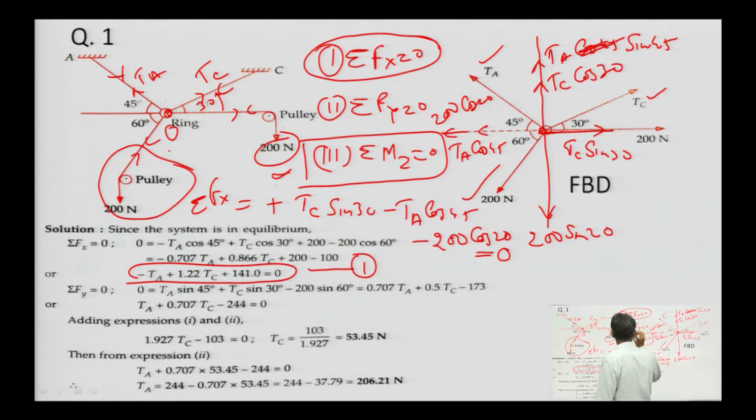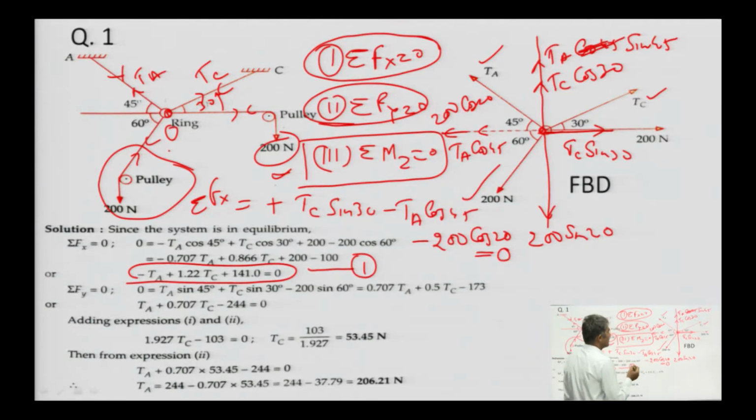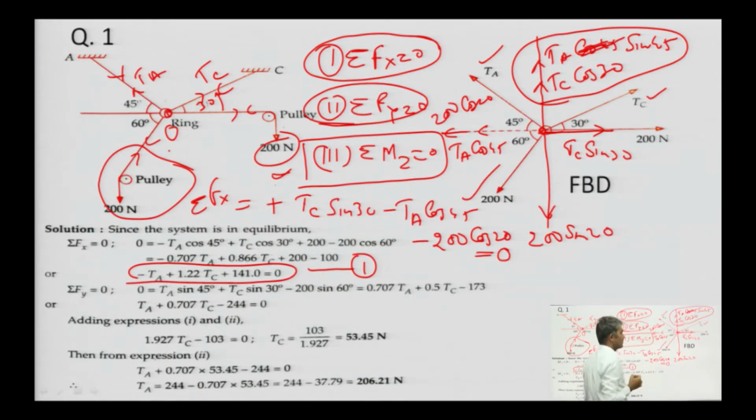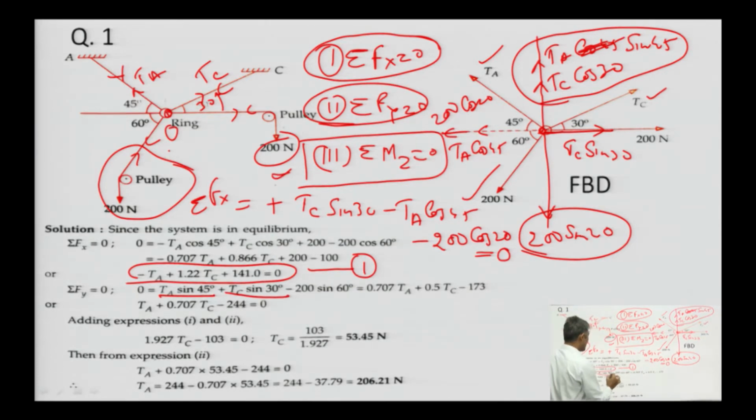Similarly, if we apply sigma Fy, what will we get? The components of forces in the vertical direction. What are the vertical components? These two components and another component is this. These two components of forces are acting in the positive direction, so sigma Fy has TA sin 45 and TC sin 30 positive, and this one is negative, 200 sin 60.